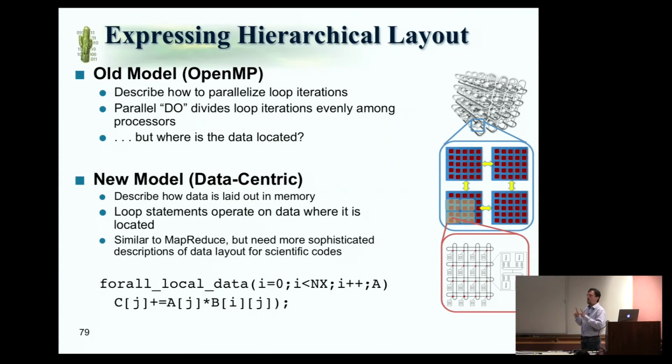It's going to be all programs. You want to describe and embed into the data structure how it is laid out in memory, and then your loop statements, the actual computation, should operate on the data where it's located. And that's a fundamental inversion of the current way that we program these chips.